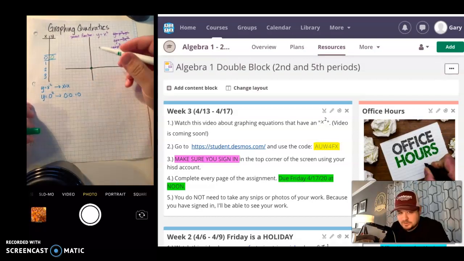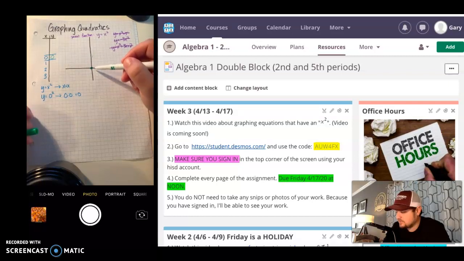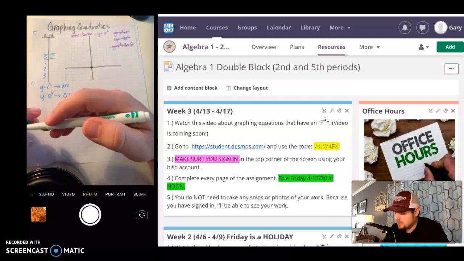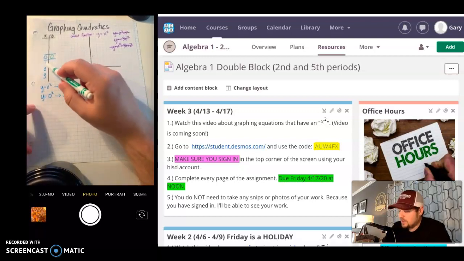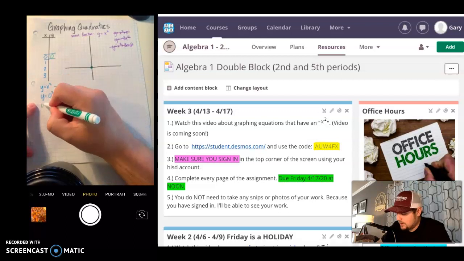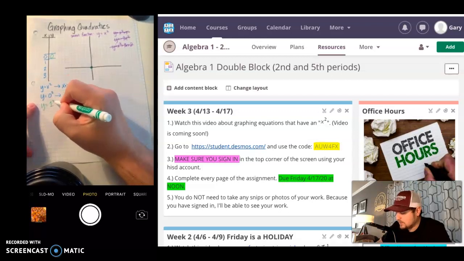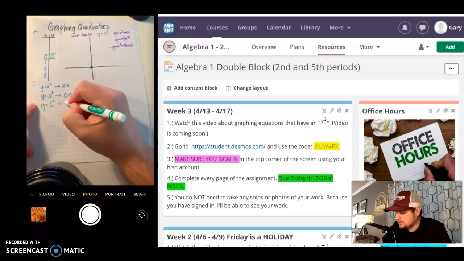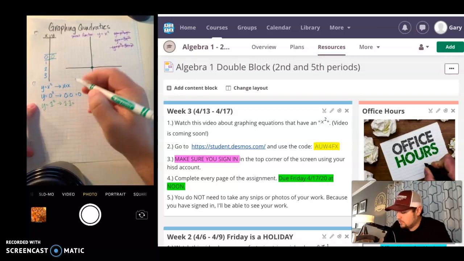Not super surprising since we have just a plain old function. We don't have any numbers added or subtracted. We've had a lot of graphs that have crossed through this point 0, 0. Now let's move forward. Let's plug in a 1. So y equals 1 squared. 1 squared means 1 times 1, which is 1.